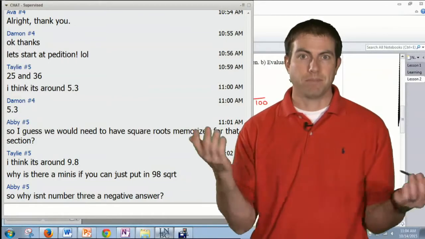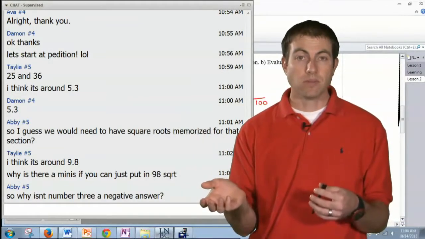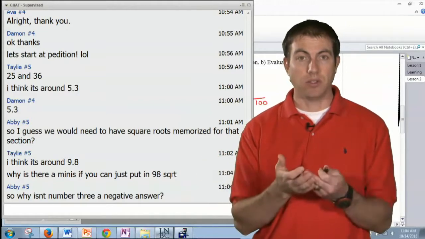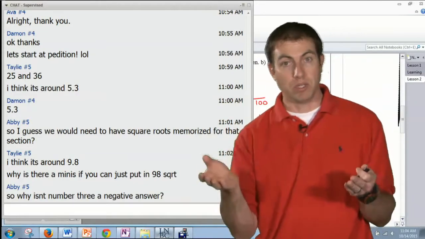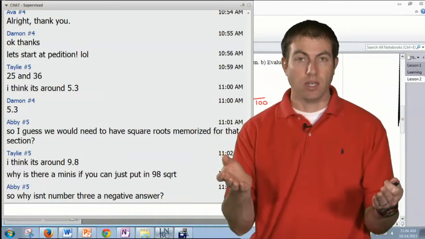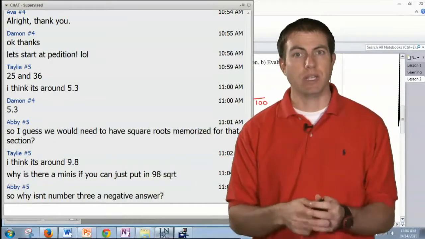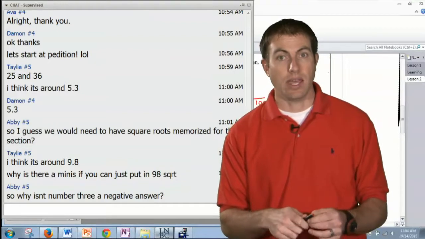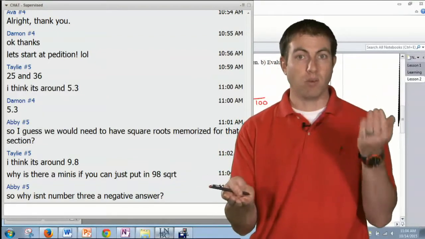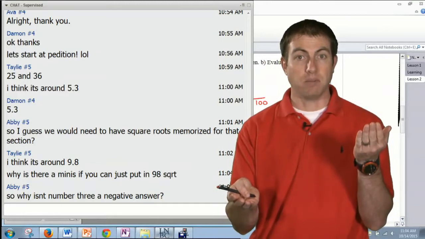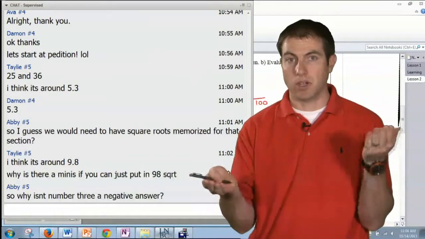So if I had positive 2 times positive 2, that gives me 4. But I can't have one being positive and one being negative. So I can never take the square root of a negative value, because it's the same number multiplied by itself. If one's negative and one's positive, then that is by definition not a square root because they're not the same thing.